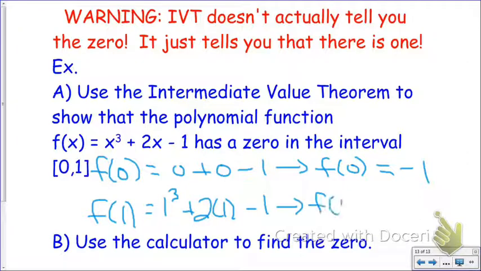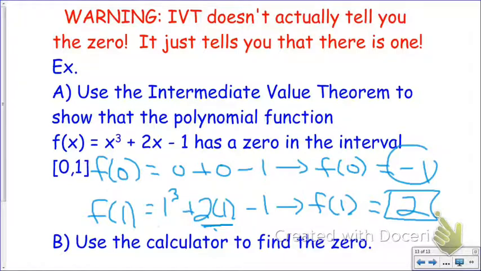So f of 1 is equal to 1 cubed is 1, 2 times 1 is 2, so 1 plus 2 gives us 3, 3 minus 1 is 2. So because in our interval from 0 to 1, we go from negative to a positive, it must mean that we do have a 0 within that interval.